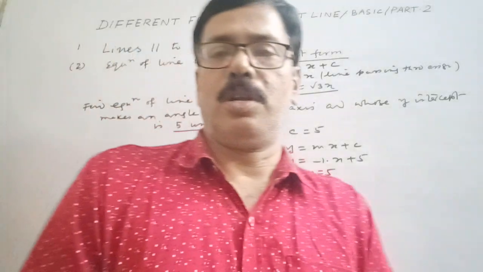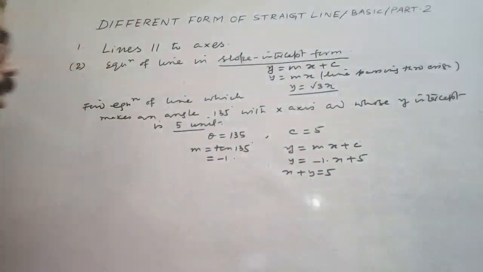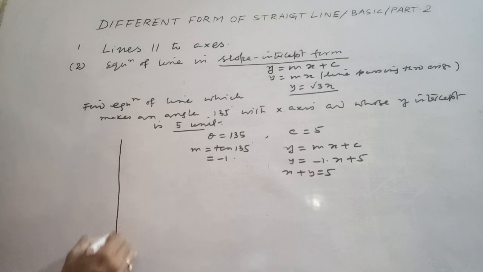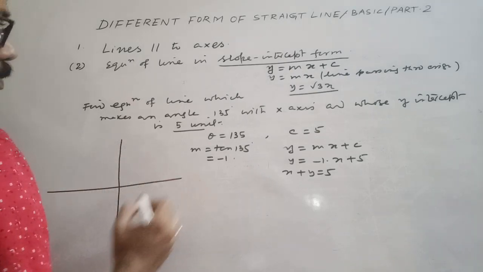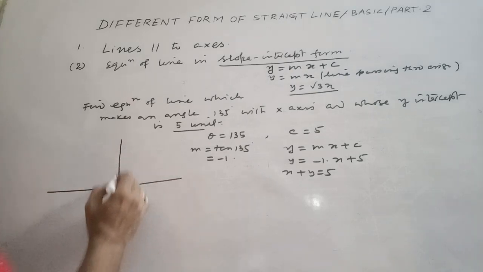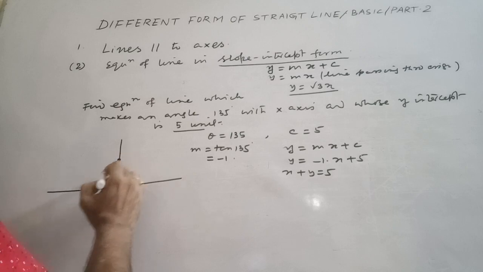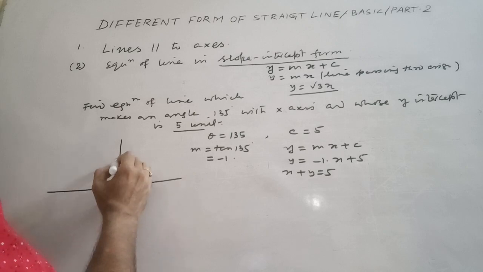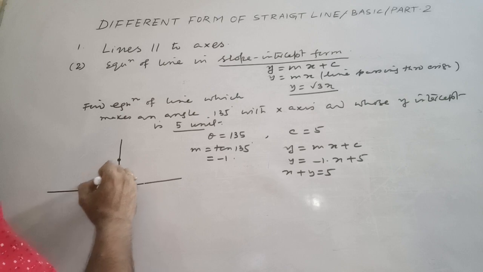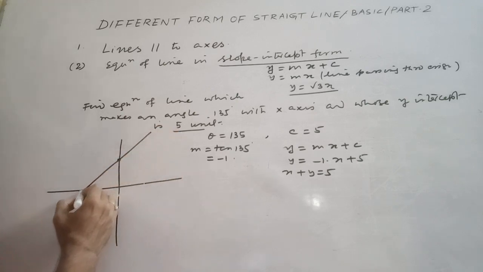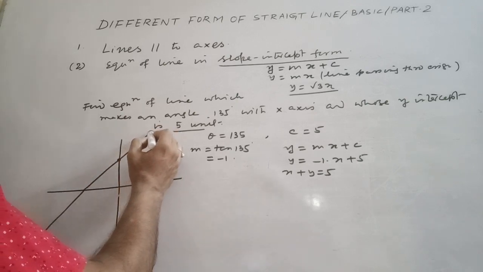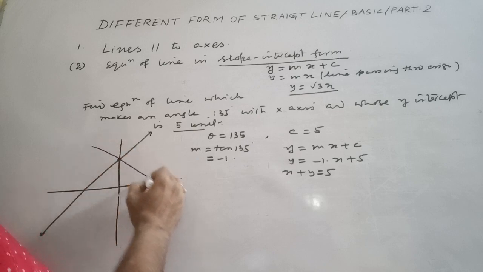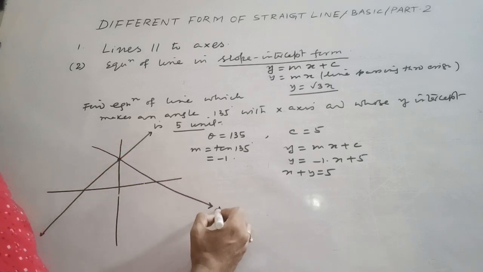Now, what will be the rough sketch? So 135 degrees and the y-intercept is 5. So this one is 5. You may get this type of figure or you may get this type of figure.